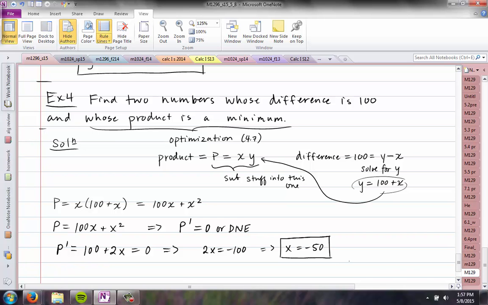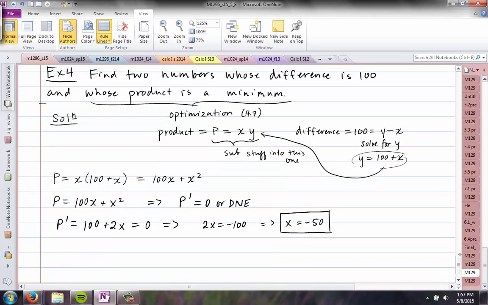If I wanted you to go through the steps and actually show the first derivative test or show it's an absolute minimum there, then I would ask you to do so. If you got two critical values or more, or it's a closed domain, then you have to check. But I might tell you to check anyway, just as a reminder. So anyway, we're supposed to find two numbers whose product is a minimum.